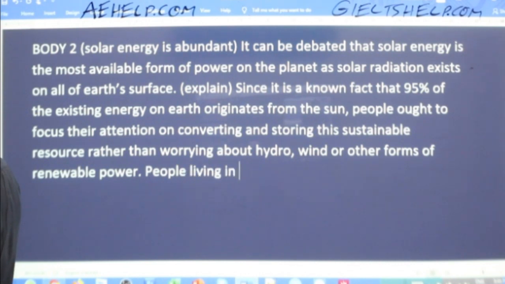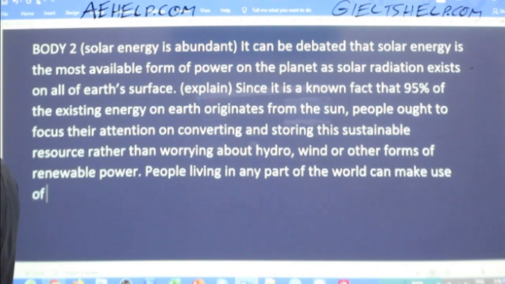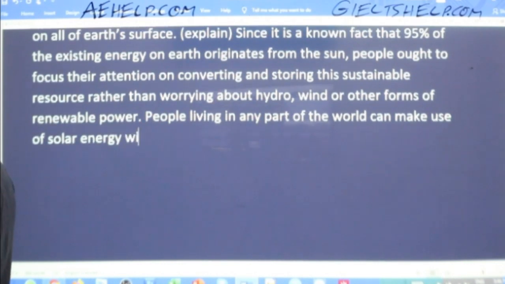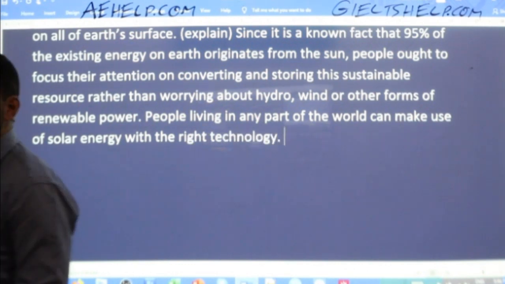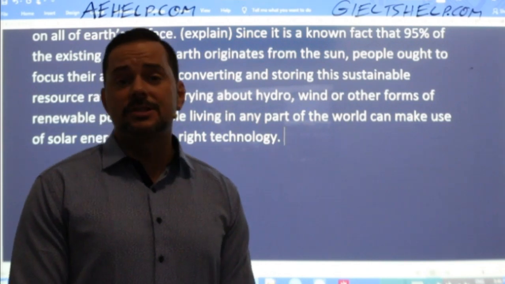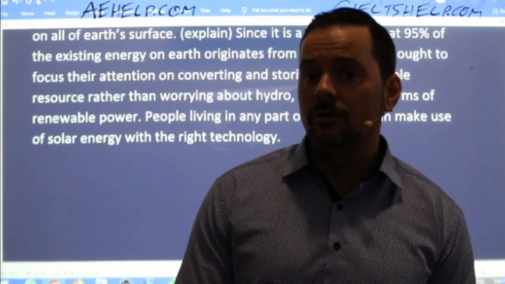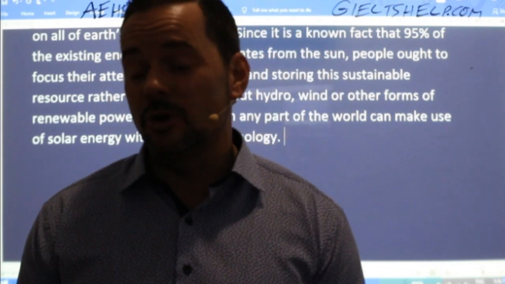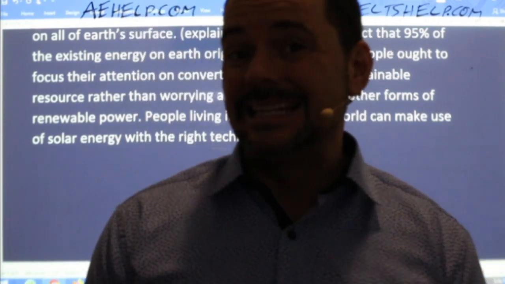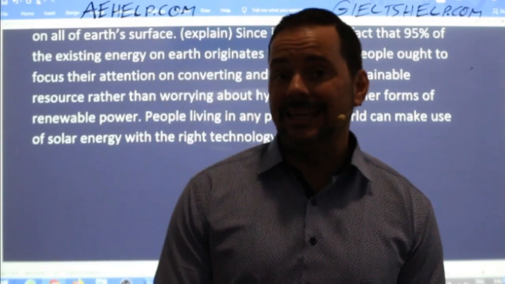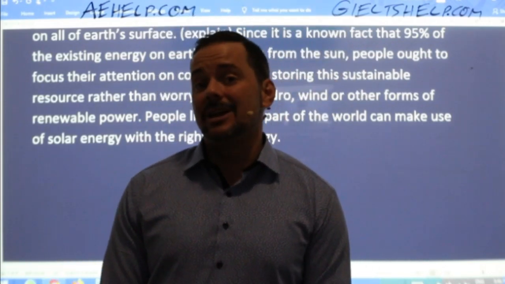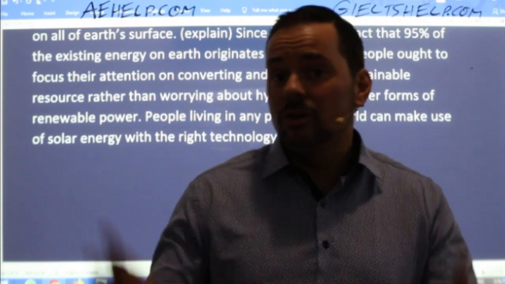People living in any part of the world can make use of solar energy with the right technology. Yeah. Many of you may or may not know this, but solar cells are actually very advanced now. And even on rainy days or cloudy days, there are very advanced types of solar panels that can, in fact, generate power even on days where there's not a lot of sunlight.